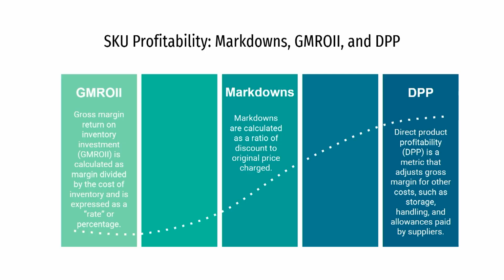Gross margin return on inventory investment is calculated as the margin divided by the cost of inventory and is expressed as a rate or in terms of percentage. Markdowns are calculated as a ratio of the discount to the original price charged.